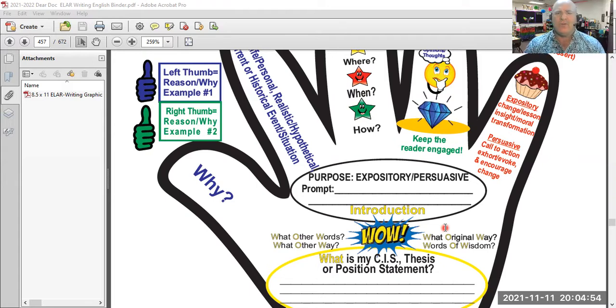And for those of you not from Texas, a 3 is sort of like in the 80s, 80 to 89, would be maybe what you might call a B in letter grades. A 4 would be a 90 to 100. And a 2 would be a 70 to a 79, maybe a C quality paper.